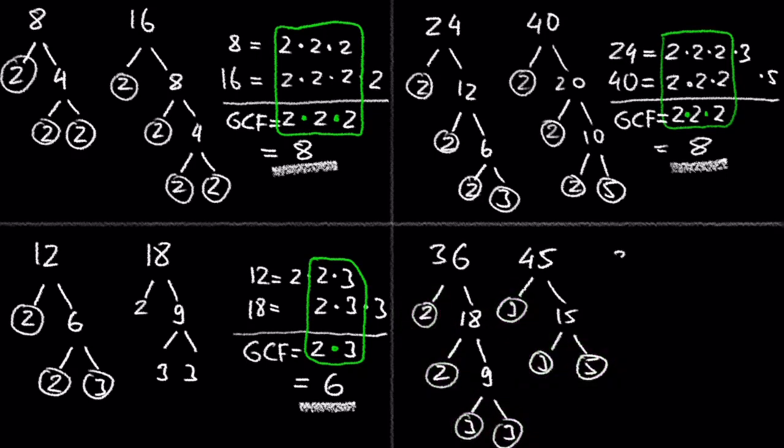So 36 is the product of 2 times 2 times 3 times 3, and 45 is the product of 3 times 3 times 5. Make sure that the same factors stand in the same column.